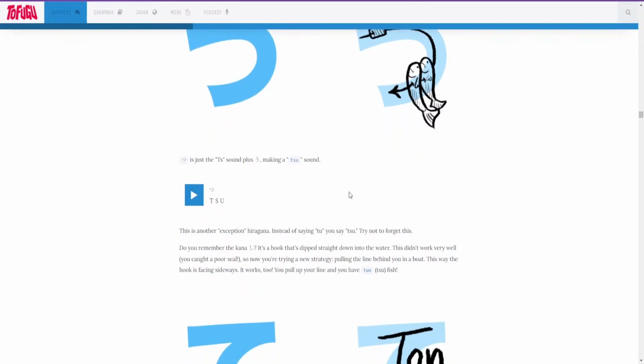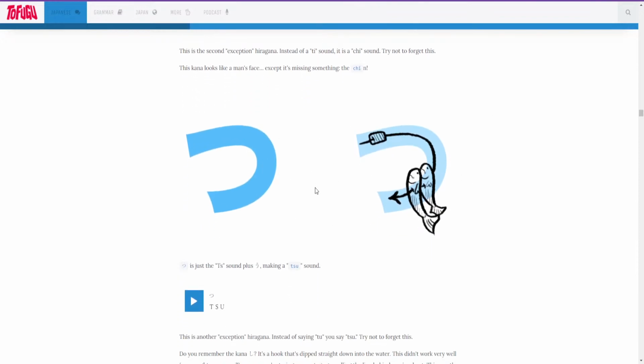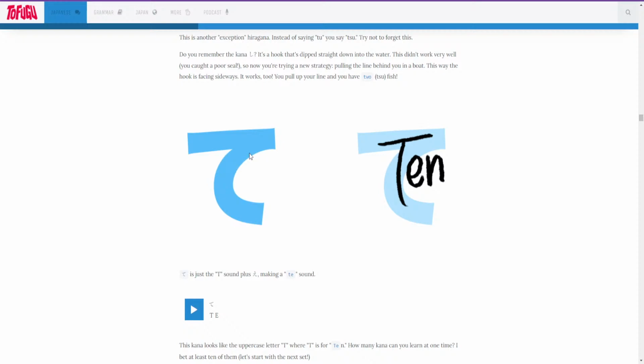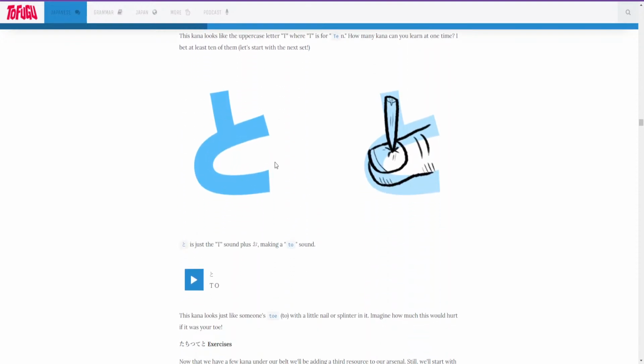I learned that tsu was like someone rolling up a sushi roll. That's also a good analogy. So we have tsu here. And then we have te, which is like 10. It looks like a big T, and like you're gonna spell out 10. Te. And then we have toe, which kind of looks like a toe that's been stabbed with a nail, which makes it bizarre cringe. Toe.